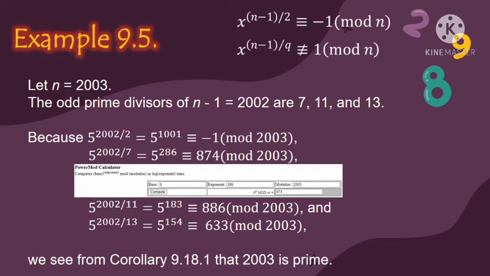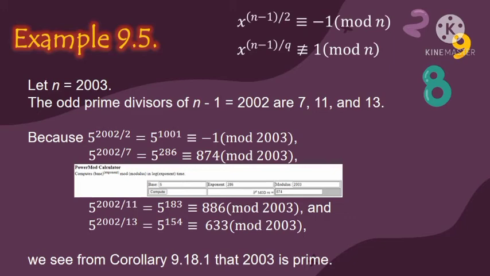By definition, q are all the odd prime divisors of n minus 1. So our n minus 1 is equal to 2002, and its odd prime divisors are 7, 11, and 13. So here, from the definition, we will neglect all the other prime divisors of n minus 1, and we will just get all the odd prime divisors.